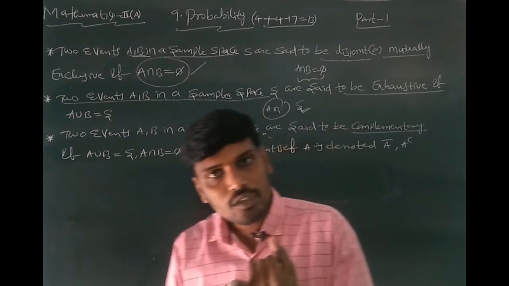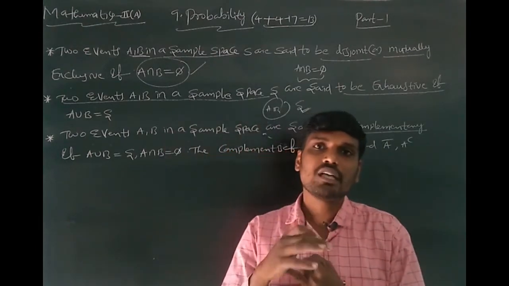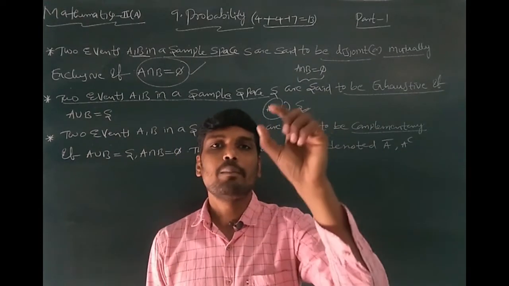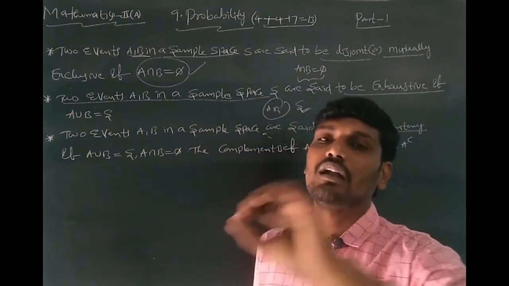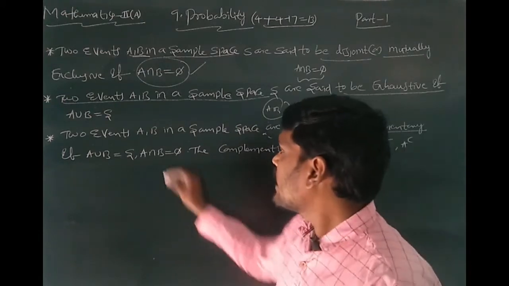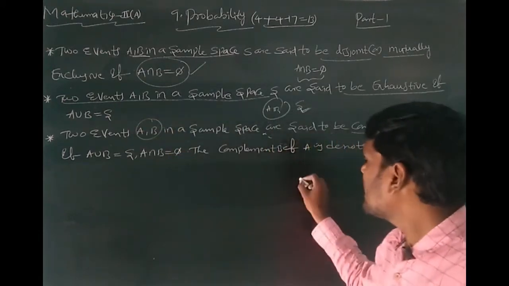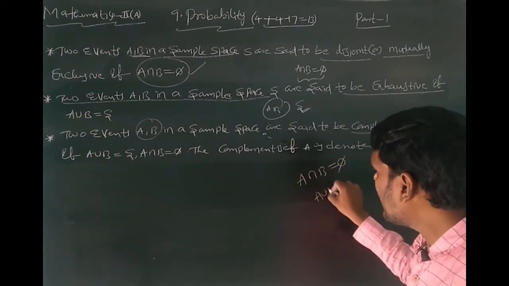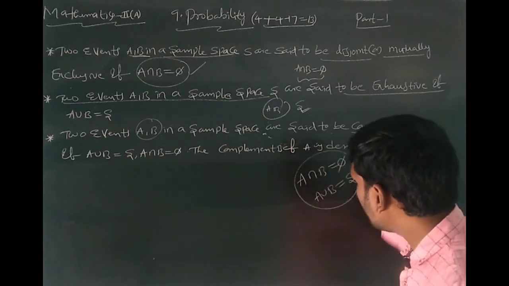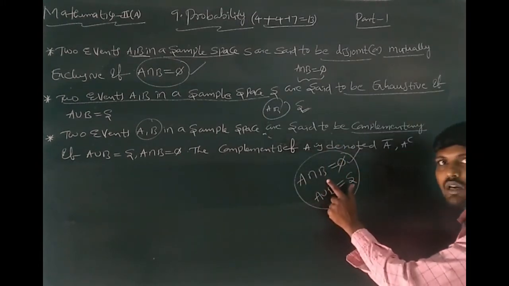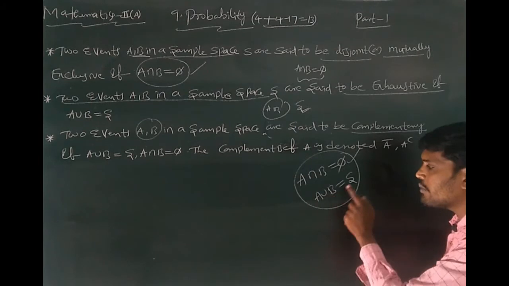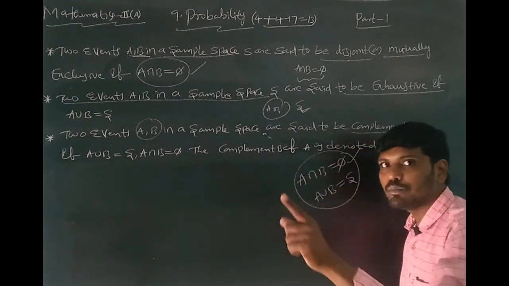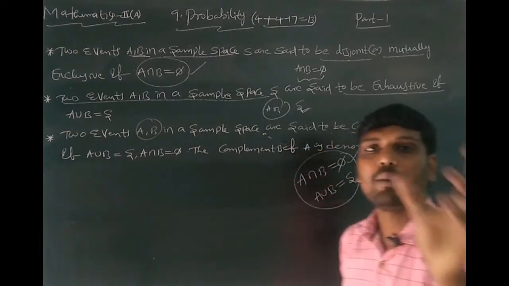Events that are mutually exclusive and mutually exhaustive are complementary events, otherwise they are not complementary. So here A, B are two events, where A intersection B must equal phi, which is mutually exclusive, and A union B equals S, which is exhaustive. If these two conditions hold, the two events are complementary events.